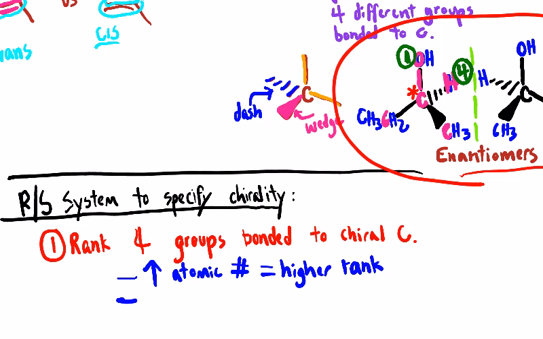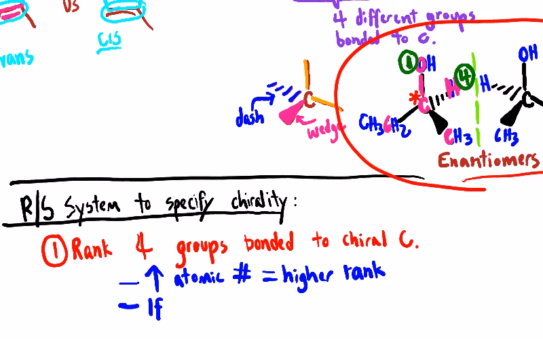So the criteria here is, if the atoms directly bonded to the chiral carbon are the same, we look one spot further down the carbon chain to find some point that we can use to differentiate between them. We look for the first atom that is different between the two groups.